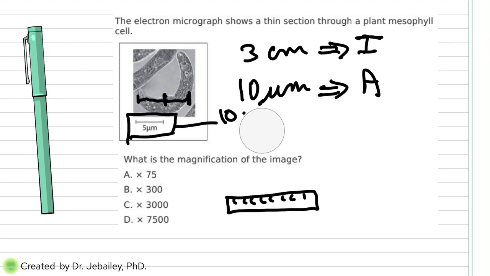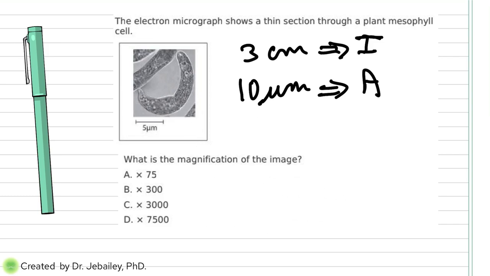So now, as you can see, I have solved 2 things. I have found the actual size and the image, knowing that the equation is image over the actual size. Just to recap, how did I find the image? I took a ruler and measured it, and it came out 3 centimeters.